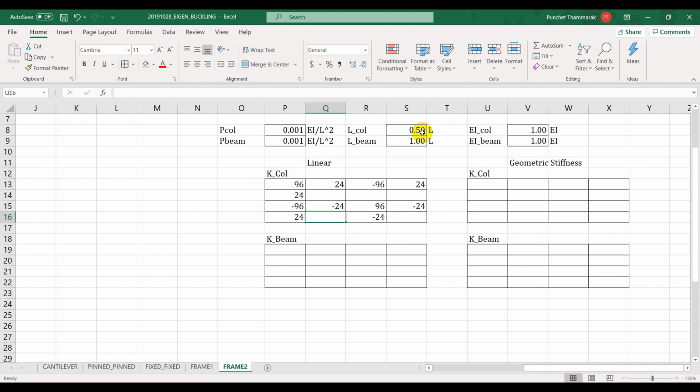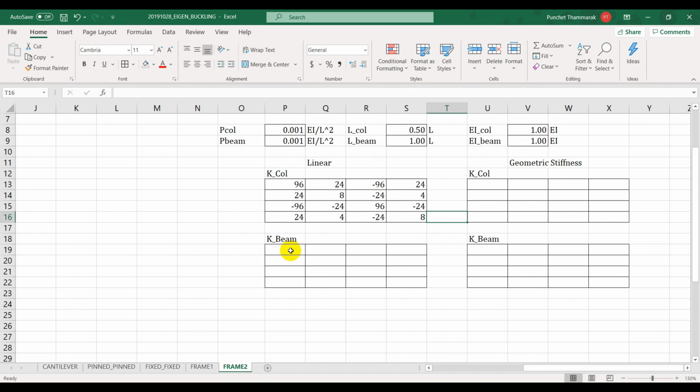Minus and then minus. Okay, next will be 4 times EI over L. This is 2 times EI over this L, and then equals to this. Okay.